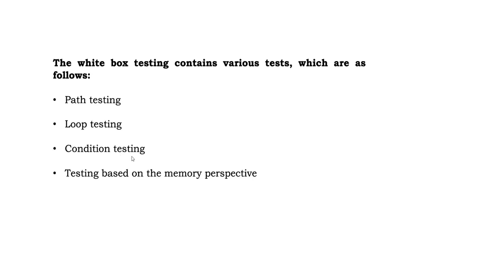In condition testing, where there are if conditions or any nested conditions, how all those conditions are performing can be tested as part of the condition testing. And in case of testing based on memory perspective, how the variables are being declared, whether the code is reusable or not, all this can be verified as part of the last test.